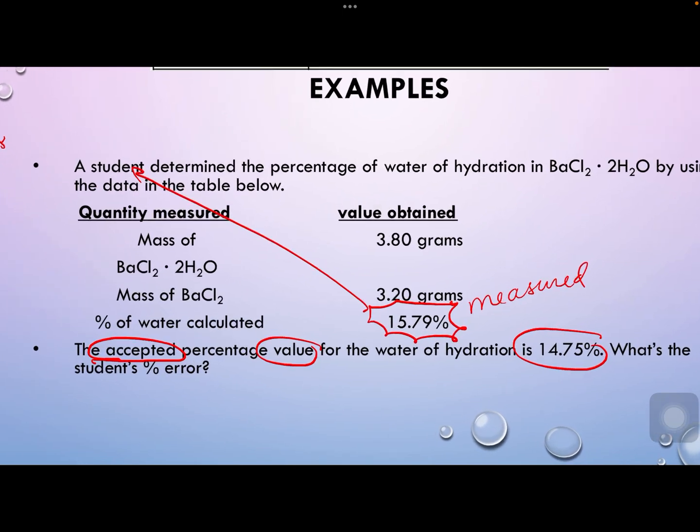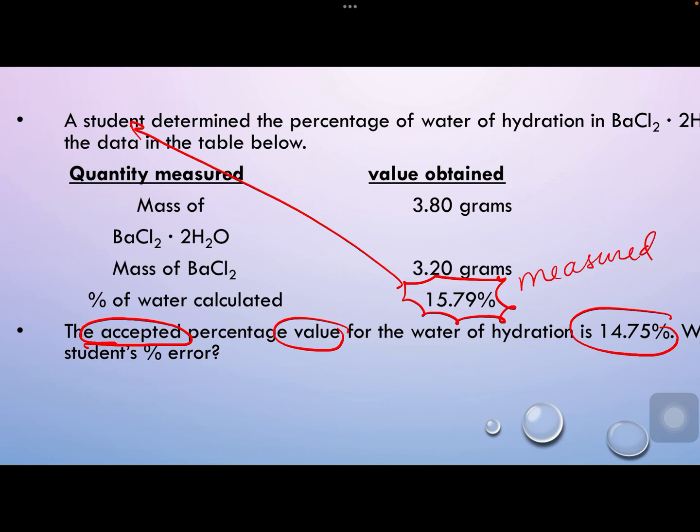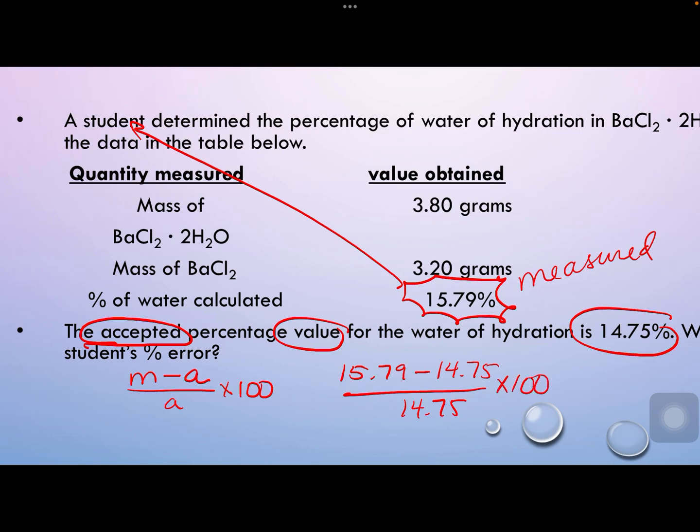So I'm going to do my setup of measured minus accepted, over accepted, times 100. Measured minus accepted divided by accepted times 100.